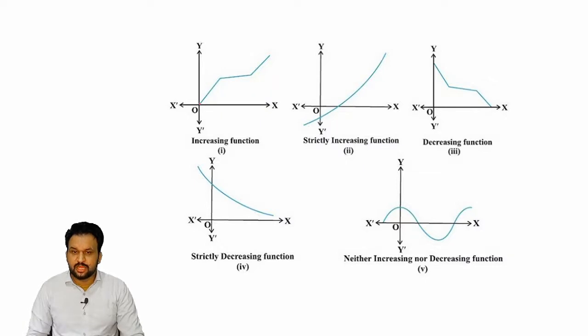The function starts from O and the other point is P. From O to P it is an increasing function, no problem, but somewhere it gives you a constant value, like it is neither increasing nor decreasing there, and after this point, this is point Q and this is point R. So overall this function is increasing.